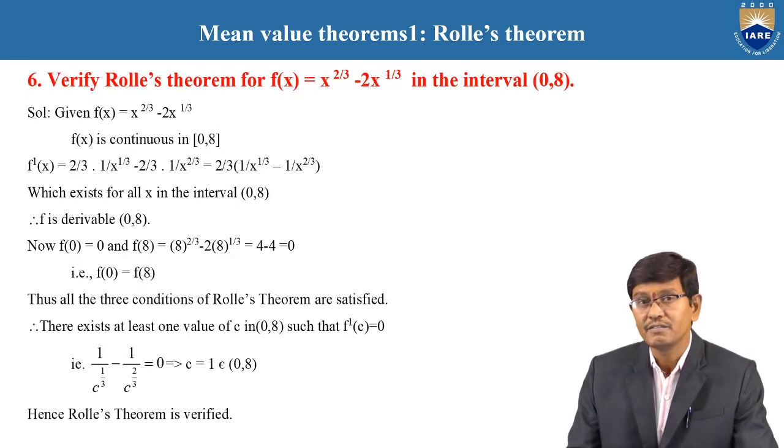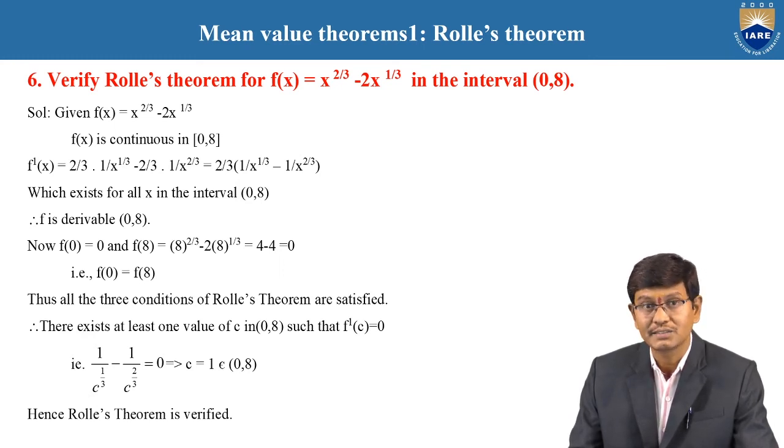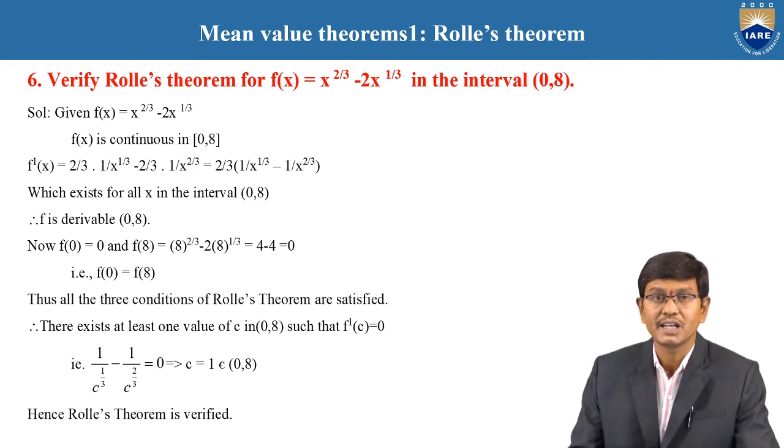Now again, we need to find out whether Rolle's theorem holds for the function in the interval 0, 8. Here we consider the function f of x equal to x power of 2 by 3 minus 2x power of 1 by 3. It is clearly a polynomial-type function in the interval 0, 8, so continuity is satisfied. Again, by applying the derivative, it is also satisfied for any value in the interval 0, 8.